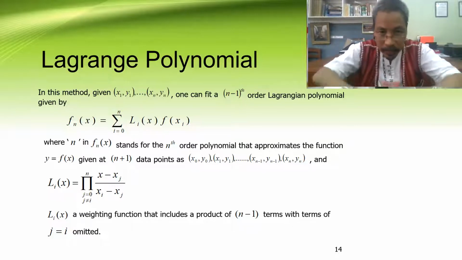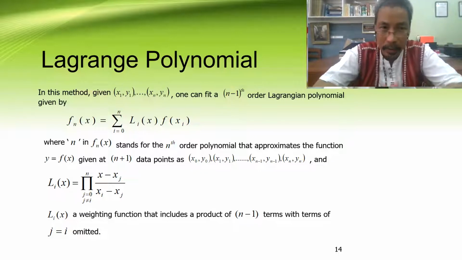Okay, this is the Lagrangian polynomial, where n in fn stands for the nth order polynomial that approximates the function y equal to f of x. So we need a polynomial of the nth order that would approximate y equal to f of x, given n plus 1 data points: x0, y0 coordinate, x1, y1 coordinate, and so on up to xn, yn coordinate.